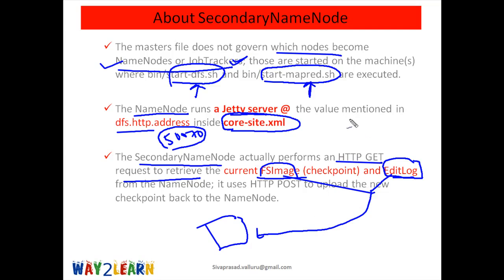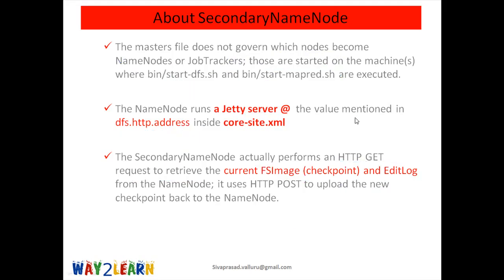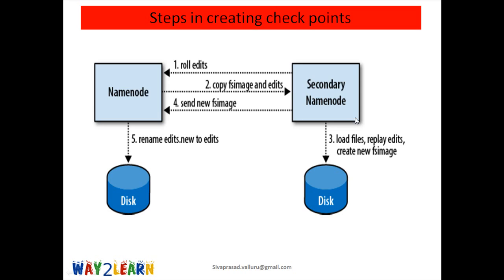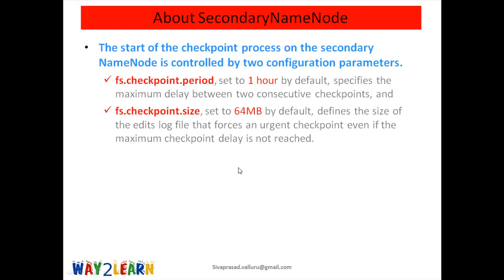So HTTP request is used by the secondary name node, and the name node will communicate with each other by using which protocol? HTTP protocol. Remember this. That is the same thing which I am showing you in my diagram.